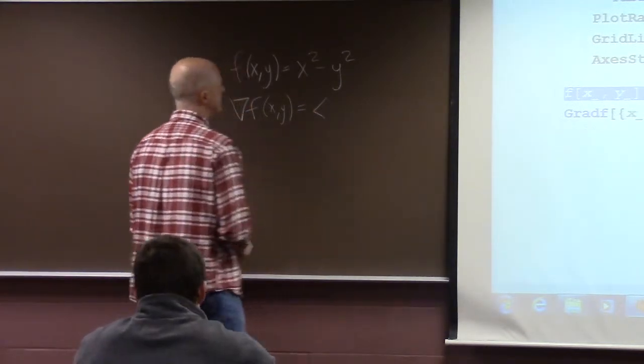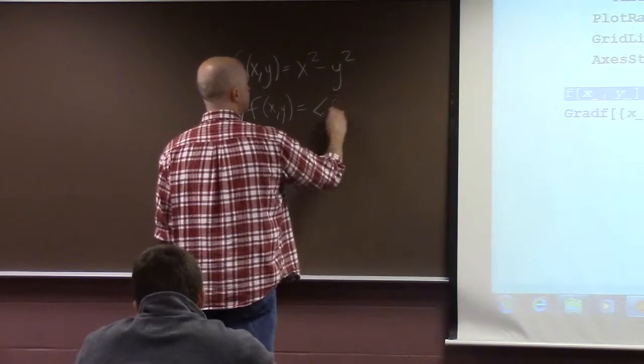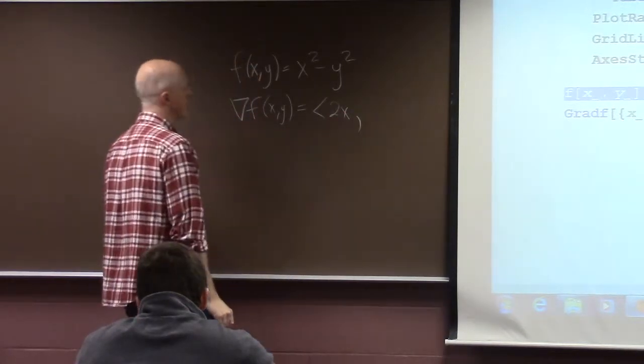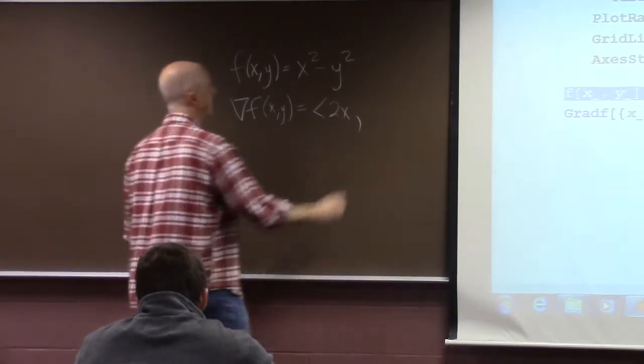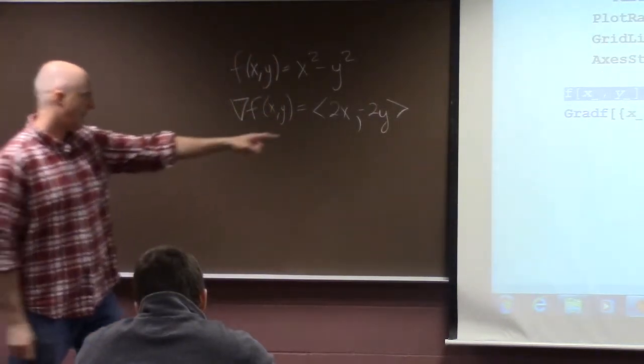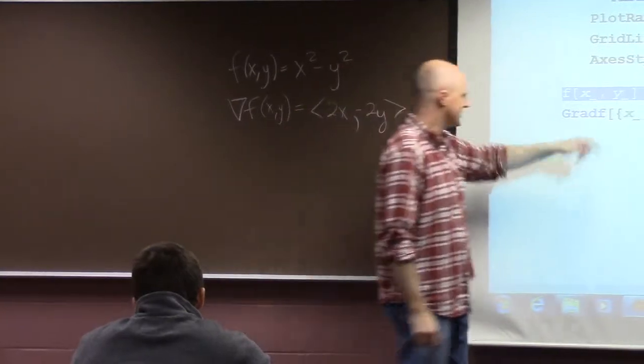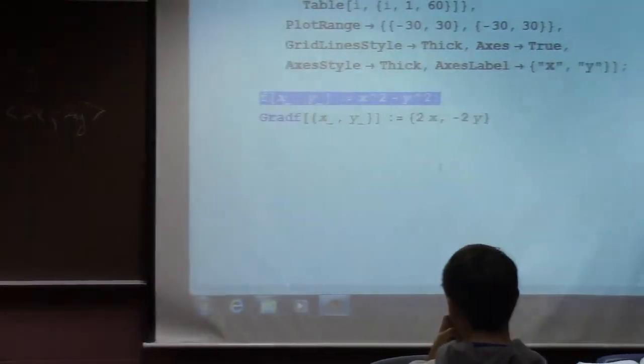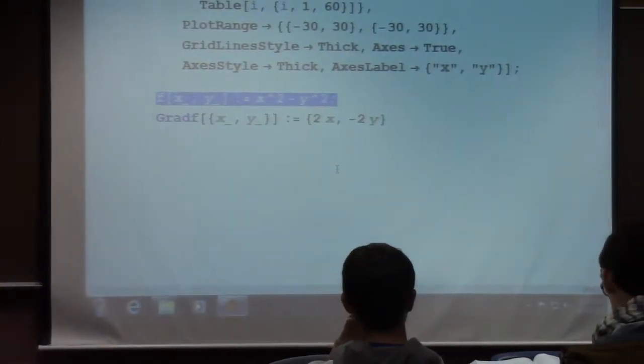That'll be 2x, and whose second component is the partial of f with respect to y. That'll be negative 2y. So there I have the function that I can enter right there, and its gradient. And I'd like to try to understand this function.